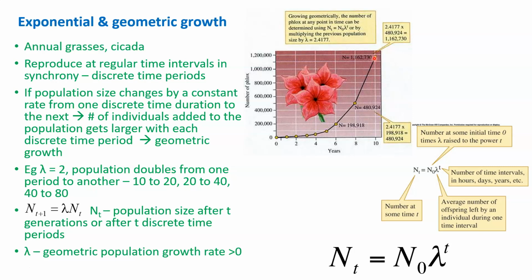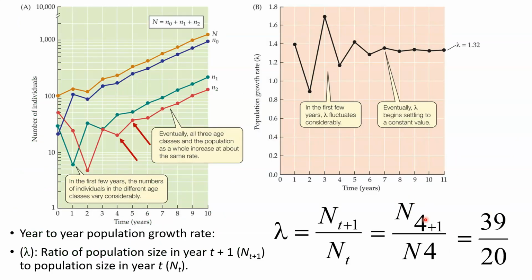And this is applicable only when lambda is greater than 0. Okay, and now the original population growth rate calculation was this one, right?